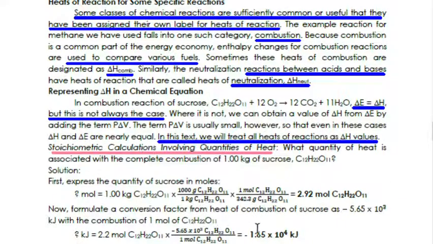This will be the equation. You will now have your quantity of heat as negative 1.65 times 10 raised to 4 kilojoules. The negative sign denotes that the heat is given off in the combustion.